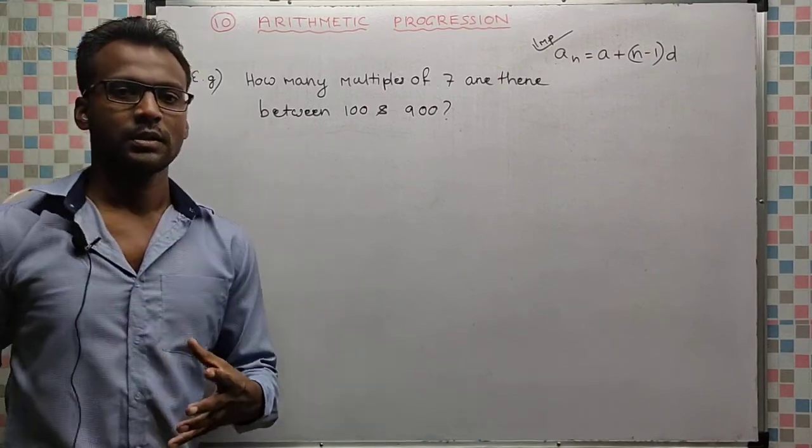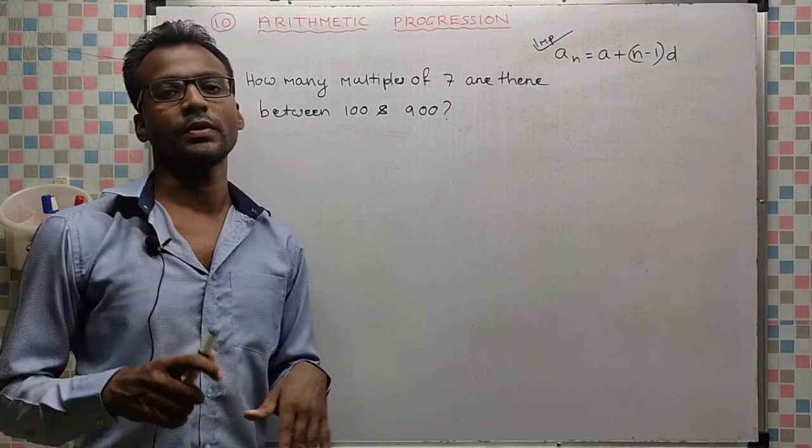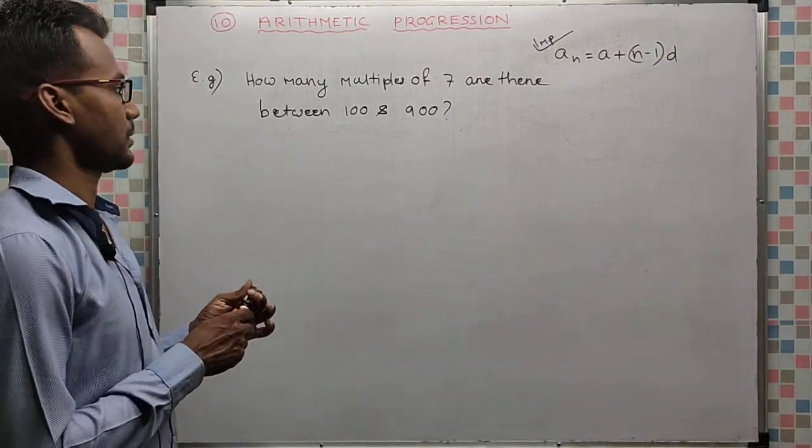There are many multiples of 7 between 100 and 900. We have to find how many multiples there are. Okay, let us check.